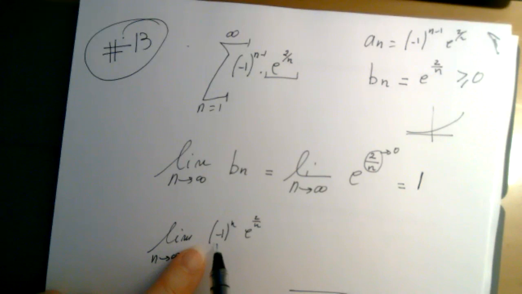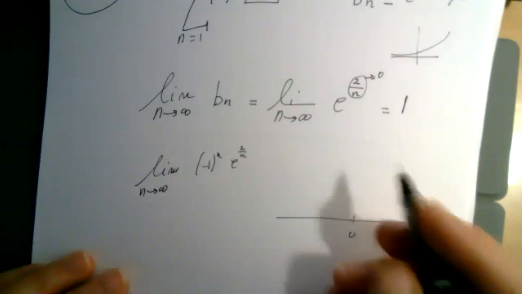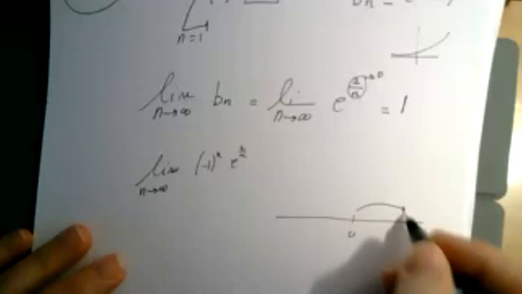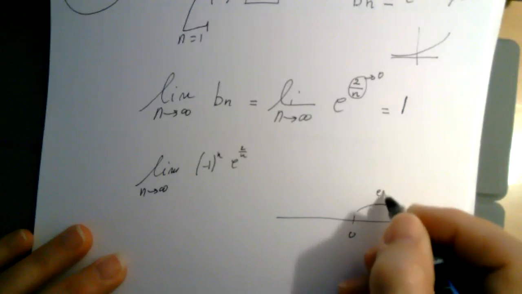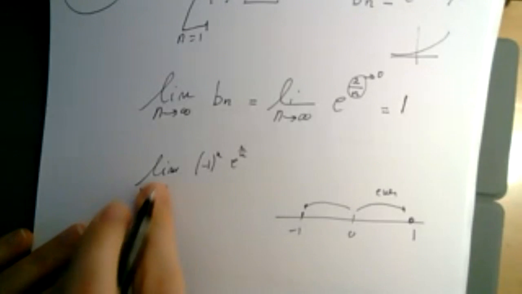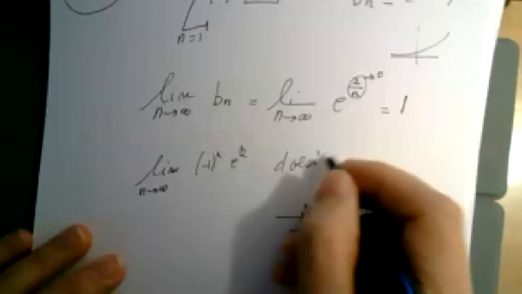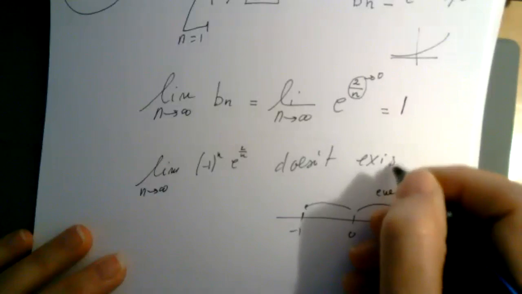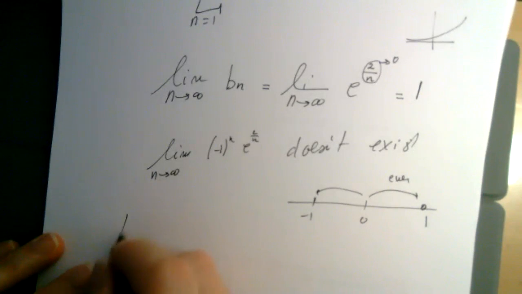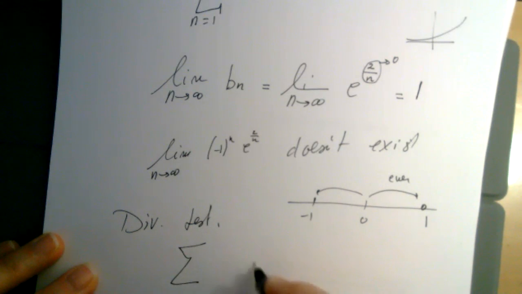But when I multiply them by (-1)^n, I'm going to have this dichotomy. The even terms will go to 1, and the odd terms will go to -1. So the limit does not exist, and the divergence test tells me the series diverges.